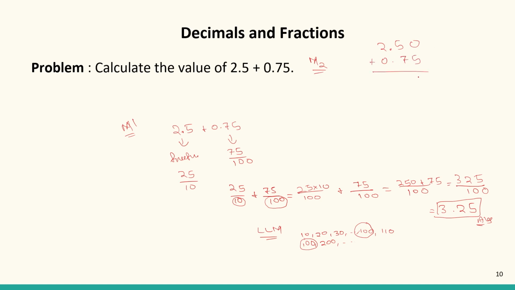Adding these two, we get 5, and 7 plus 5 is equal to 12. So we get 2 down here, and we carry 1. So 2 plus 1 is equal to 3, plus 0 is equal to 3. So the answer is 3.25. So 3.25 here and 3.25 here, these two are the same because the methods are different, but the process is correct.